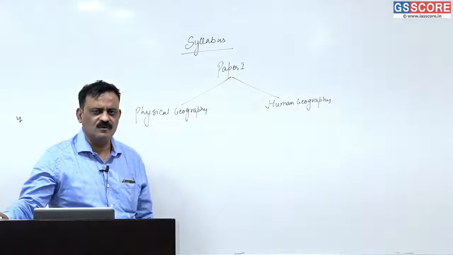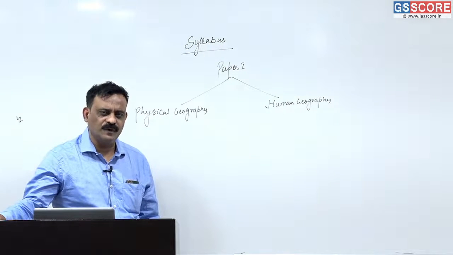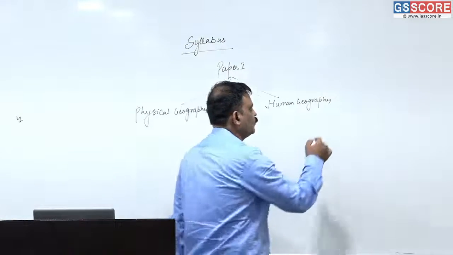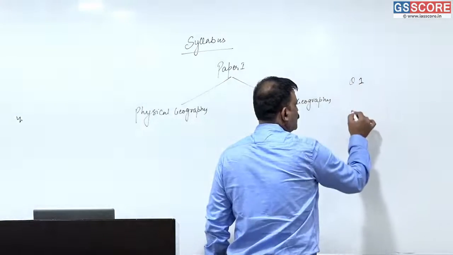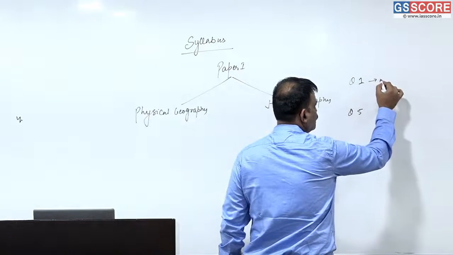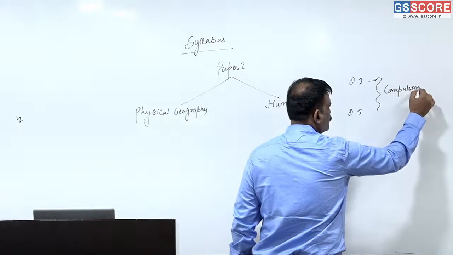It's very difficult and also a very risky approach to be selective in the optional, because if you look at the previous year questions, you will find that question number 1 and question number 5 are compulsory questions. You cannot escape these questions.